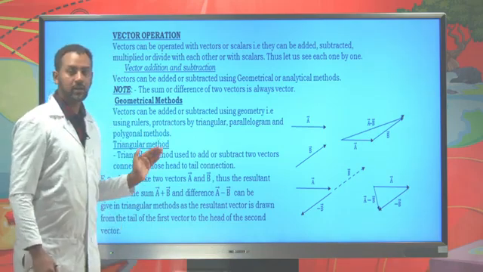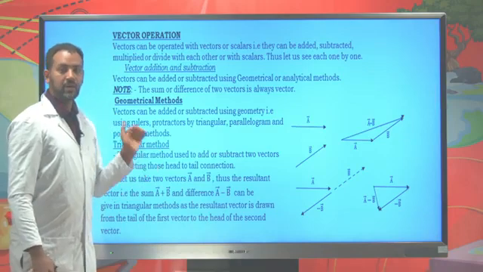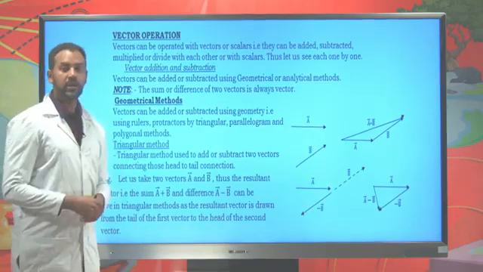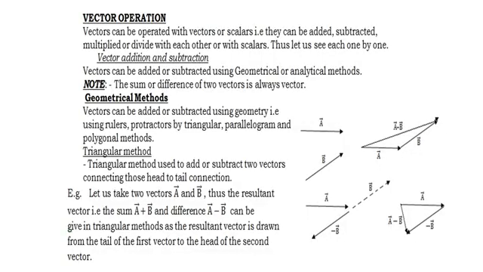The most common geometrical methods are triangular, parallelogram, and polygonal methods. Triangular and parallelogram methods are used for only 2 vectors, but the polygonal method is very helpful to add and subtract more than 2 vectors.